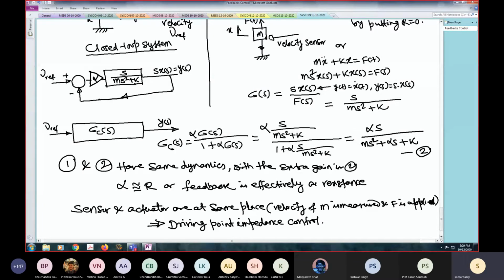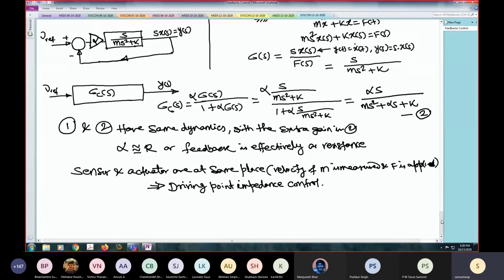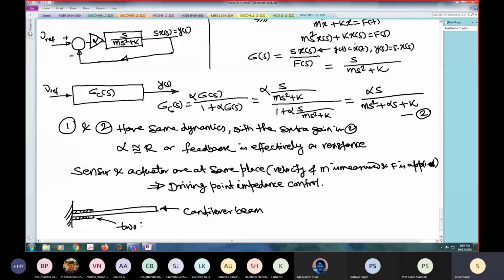This is very essential, and those of you who will be working on some kind of solid mechanics problems like smart structures, you might use this. Let's say you have a beam. There is a cantilever beam. On this, you have two piezo patches.